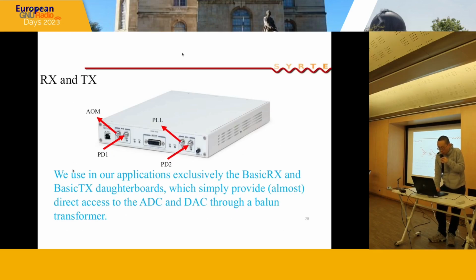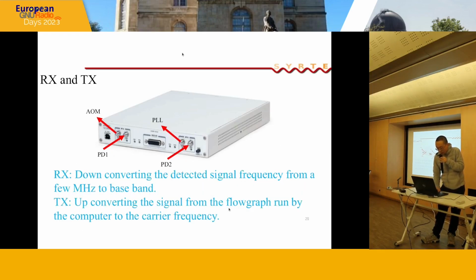In our application we use exclusively the BasicRX and BasicTX daughterboards, which provide almost direct access to the ADC and DAC through a balun transformer. In the pre-programmed FPGA in this device, the X310, in the RX part we down-convert the detected signal frequency from a few megahertz to baseband. In the TX part, we up-convert the signal from the flowgraph run by the computer to the carrier frequency.